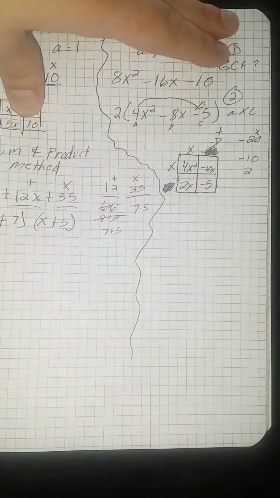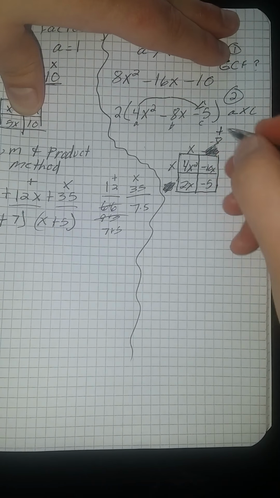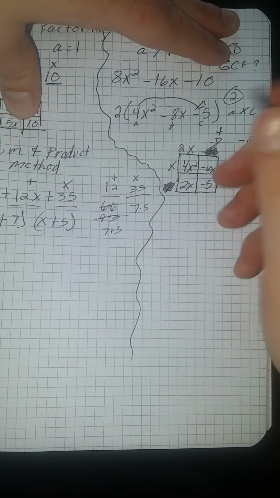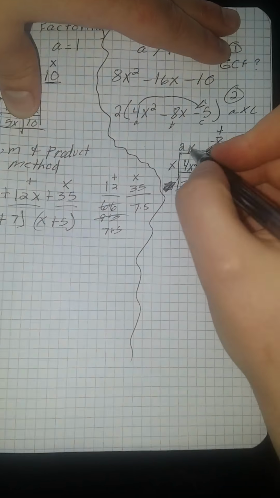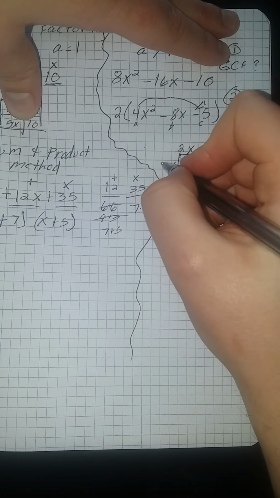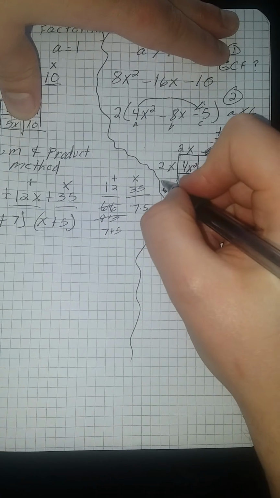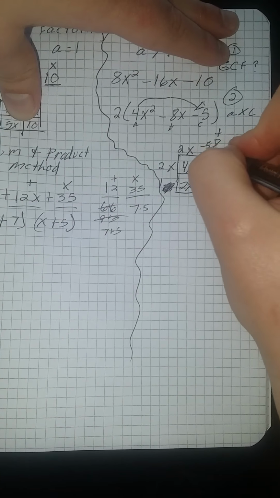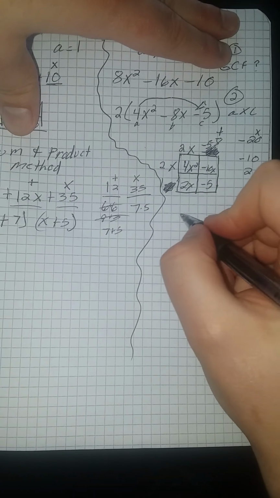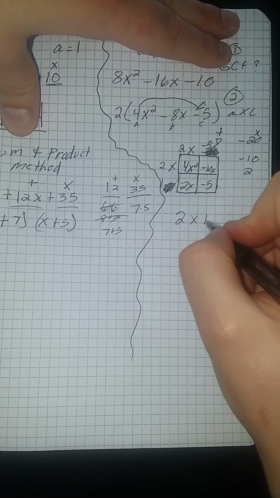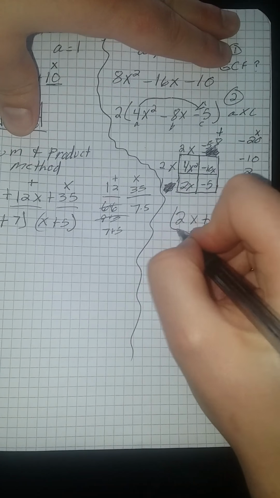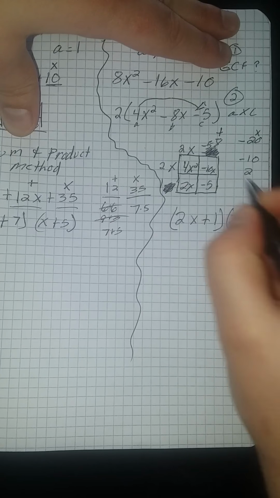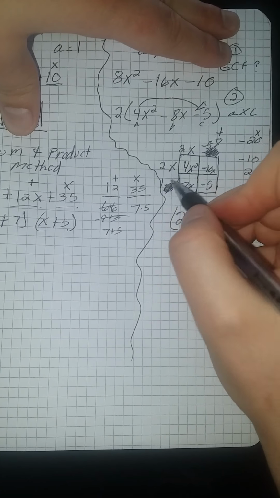Pause. Okay, brain fart there. 2x squared. 2x there, 2x there, 1 there. Negative 5 there. Yeah, whew. Sorry about that. 2x plus 1, 2x minus 5. So 2x minus 5, 2x plus 1.